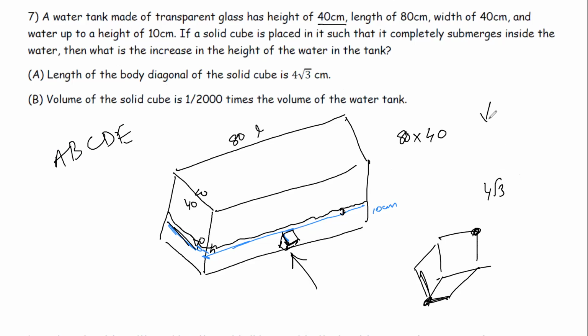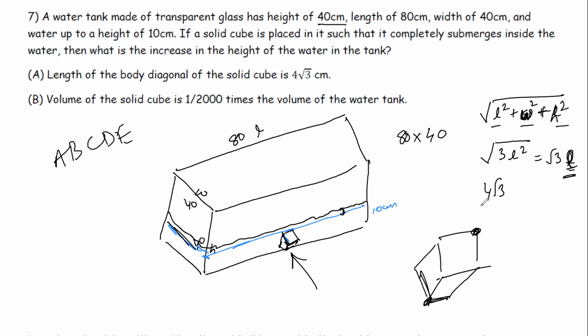Now remember that body diagonal of a cube or any rectangular solid is the square root of length square plus width square plus height square. Now for a cube, the length, width, and height are all the same. So it is root of 3 times L square, which is root 3 times L, or the side. It could be the length or the side.